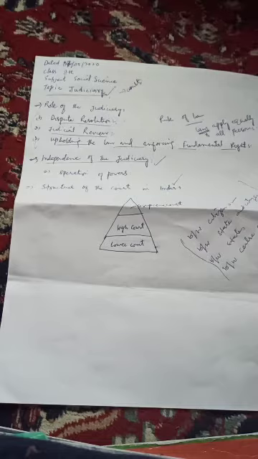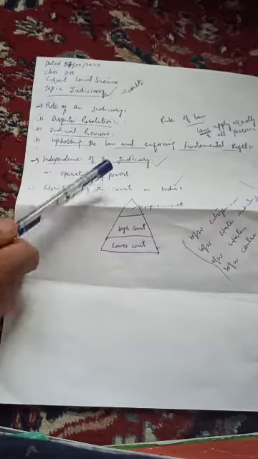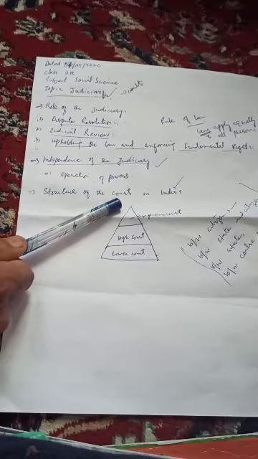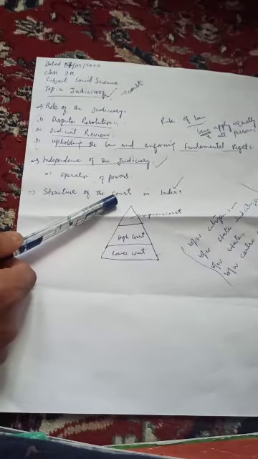First, dispute resolution; second, judicial review; third, enforcing fundamental rights. In today's virtual class, we will discuss the independence of judiciary and the structure of courts in India, or the structure of the judicial system in India.